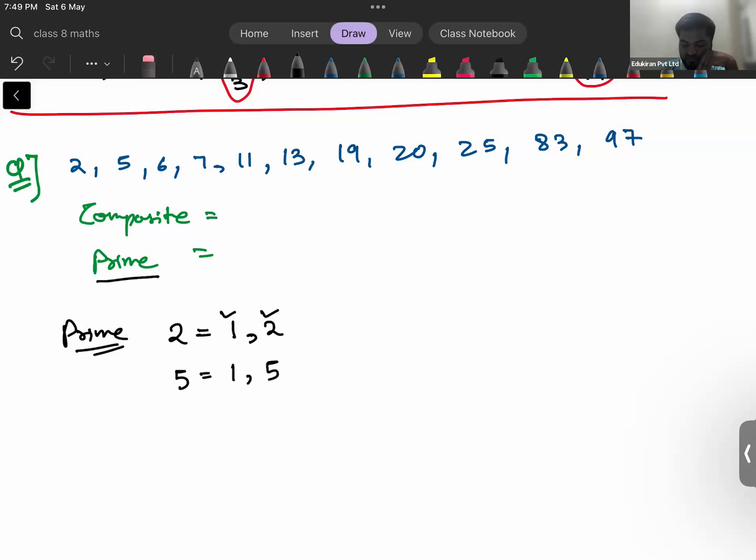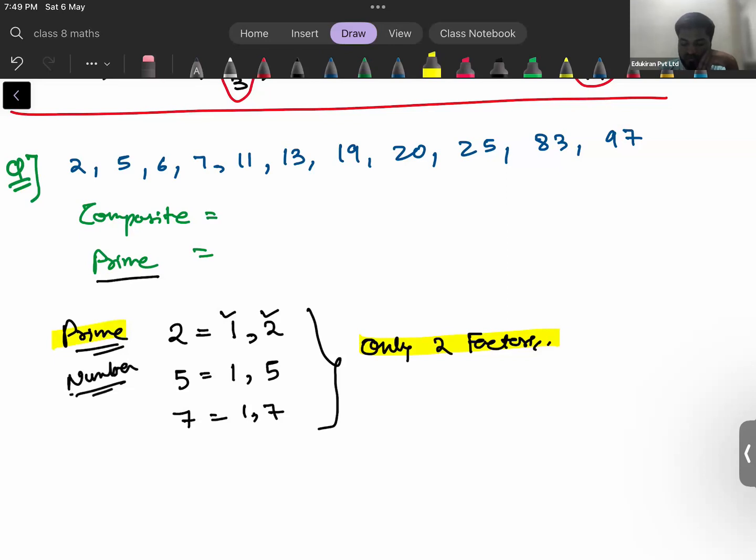What about 7? 1 and 7. So these types of numbers have only two factors. Those numbers which have only two factors are called prime numbers, right? And all those numbers which have more than two factors are called composite numbers.